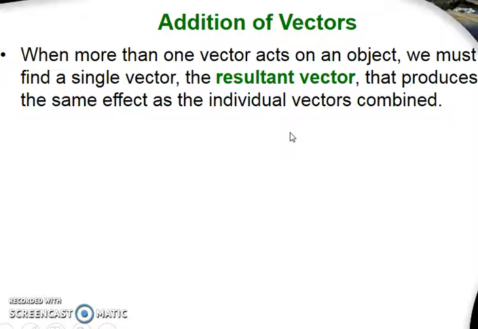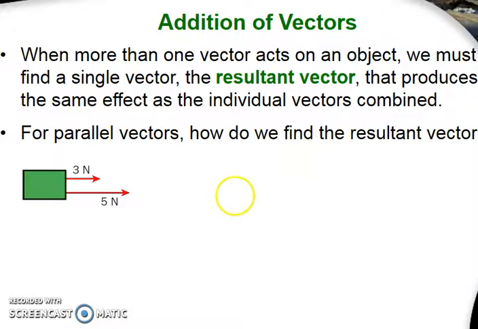Now, addition of vectors. When I have more than one vector acting on an object, you must find a single vector, also known as the resultant vector, that produces the same effect as the individual vectors combined. What do I mean by this? Forces are vectors, right? If I have two forces acting on this object, a 3 Newton force and a 5 Newton force, both acting to the right, what will be the final effect on the object?